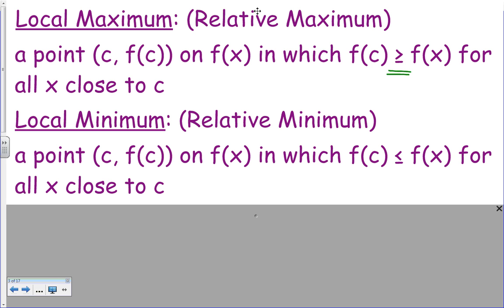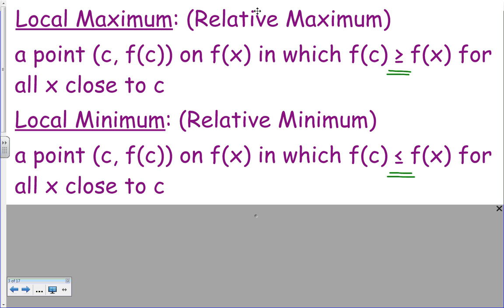Basically what we are doing is restricting the domain around some small region on our graph, and if we hit a high point in that region, we call that a local maximum. A local minimum, on the other hand, or relative minimum, is a point (c, f(c)) on f(x) in which f of c is less than or equal to, and let me underline that as well, that it's not just less than, it's less than or equal to f of x for all x close to c.